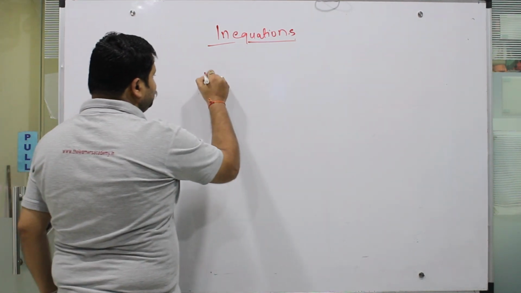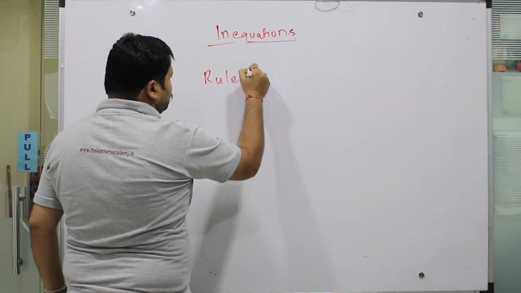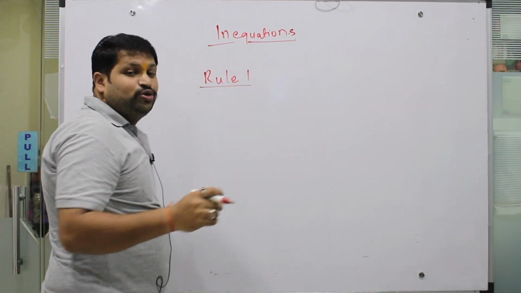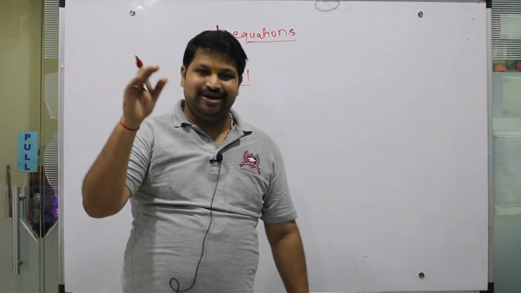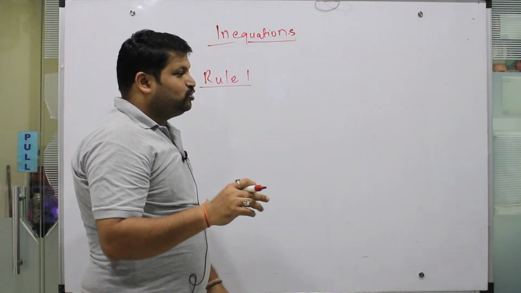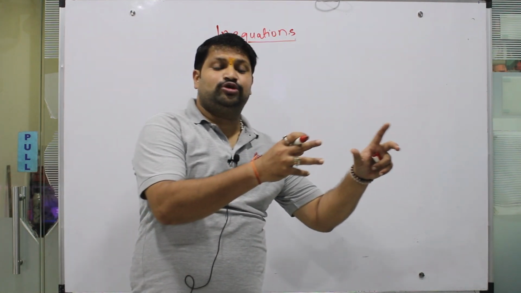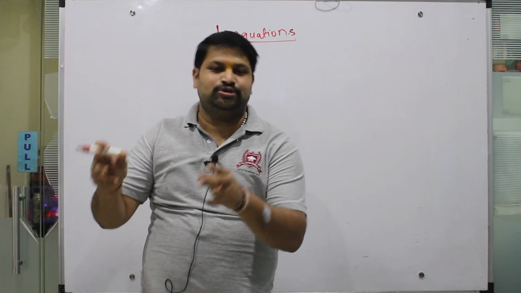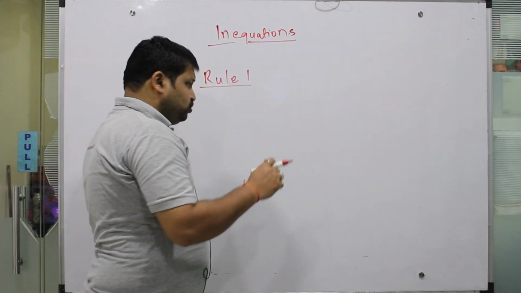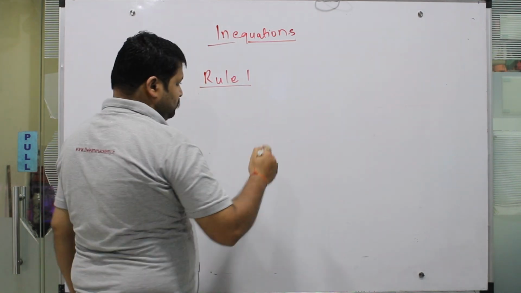So first rule: what is going to happen if you take a positive term from one side to the other side? Okay, so कुछ चीजें जो similar are going to be similar to the equation part, पर कुछ चीजें तो थोड़ा सा फर्क रहेगा इसमें. So let us see what we have here.